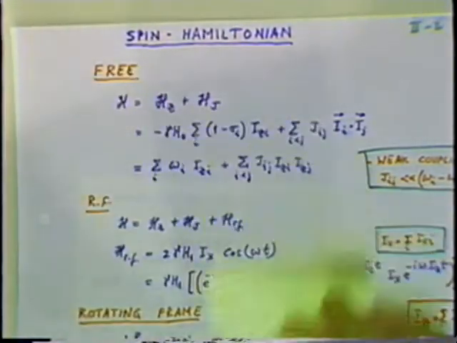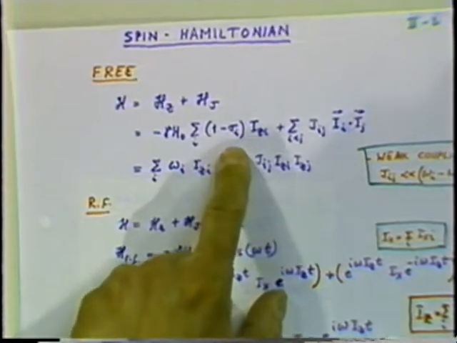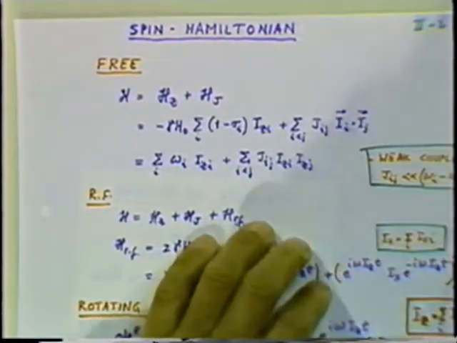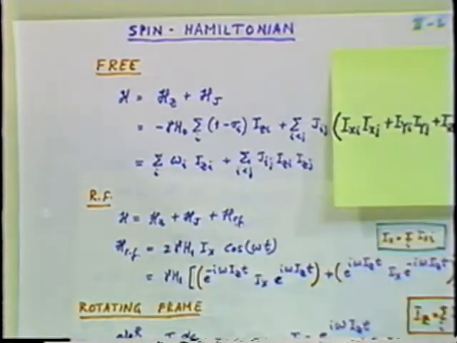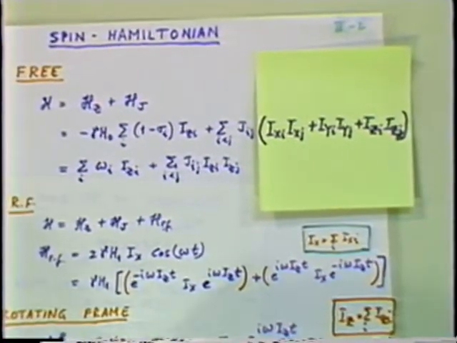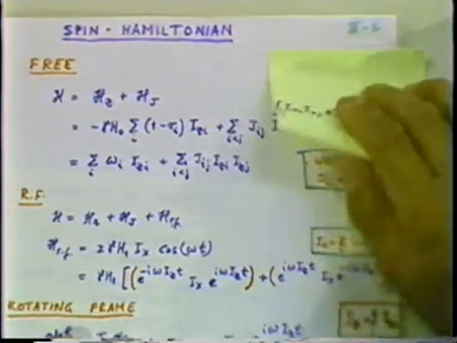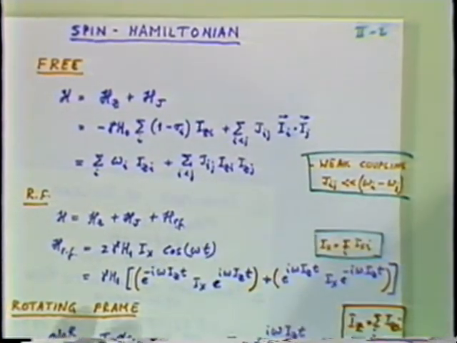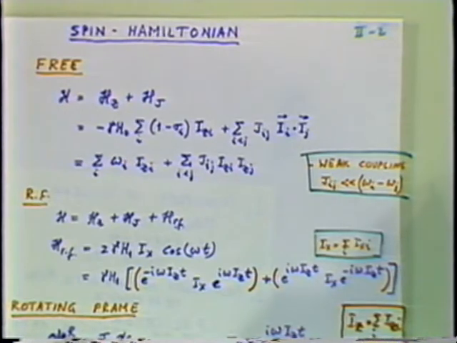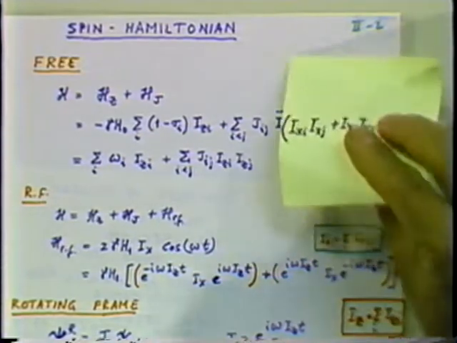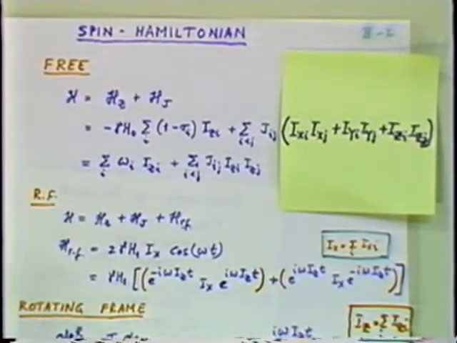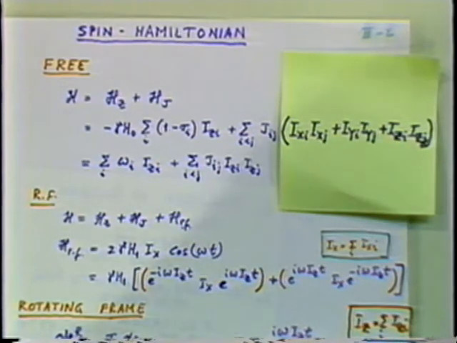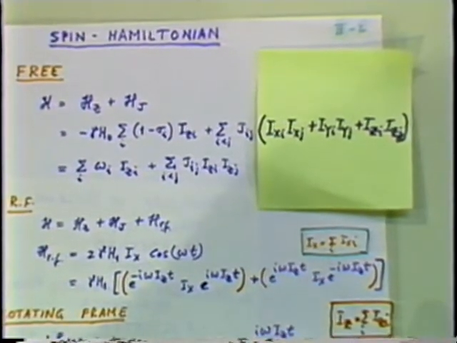The Zeeman term is written down as a chemical shift term, plus a J term, which is a spin-spin coupling term. And the J term is a scalar product, written as Ii dot Ij, which I can write out in expanded form as IxiIxj plus IyiIyj plus IziIzj.